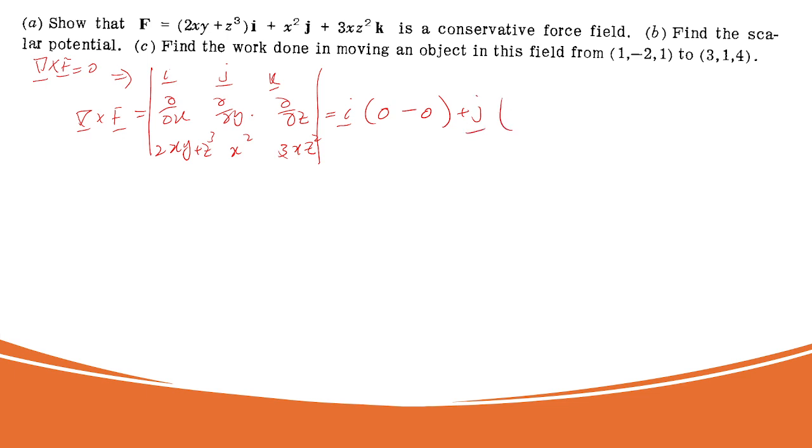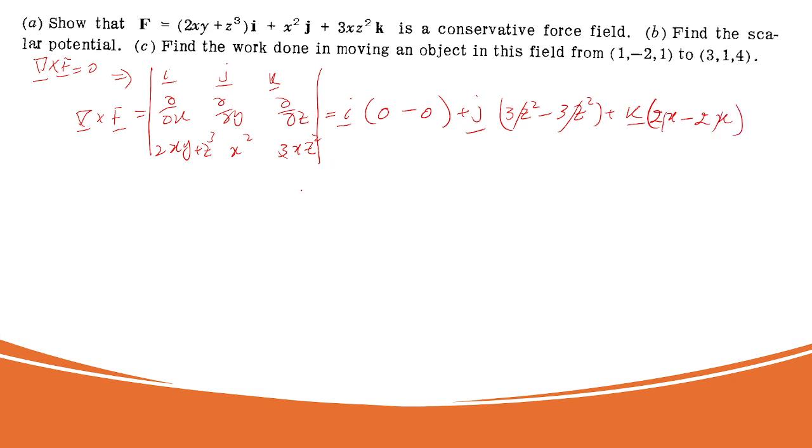J: we have to differentiate this one with respect to z, so that will give me 3z square, and this last one with respect to x, so that is 3z square, and they cancel. In k you have to differentiate this with respect to x, so that is 2x, minus this with respect to y, that is minus 2x.